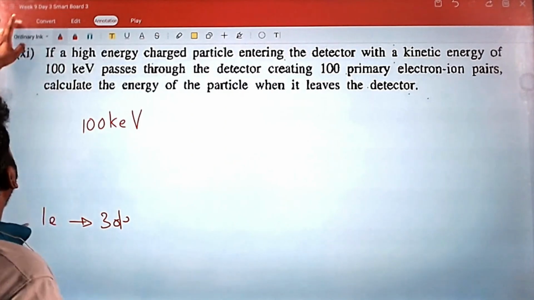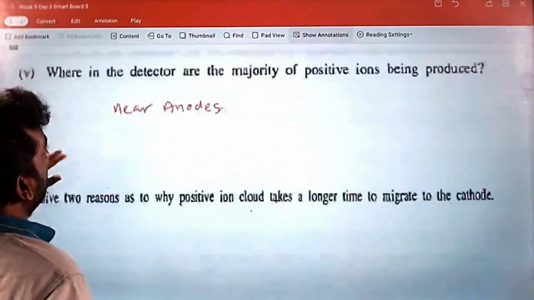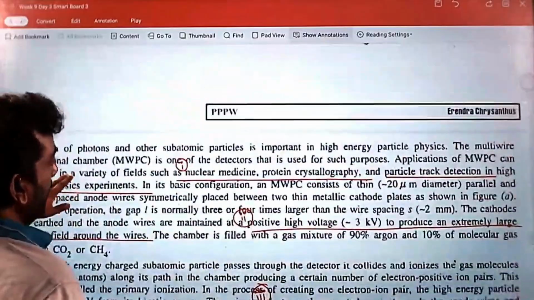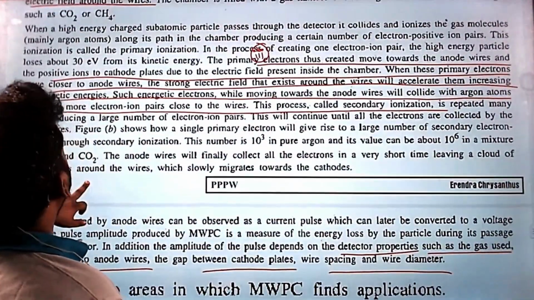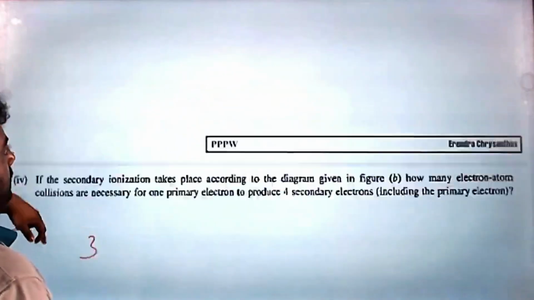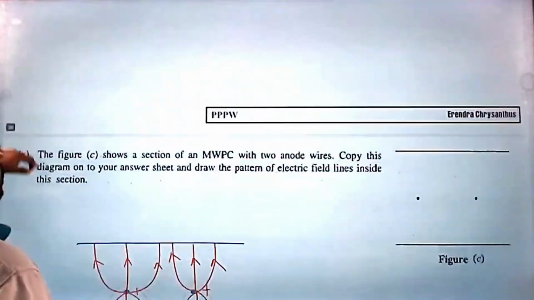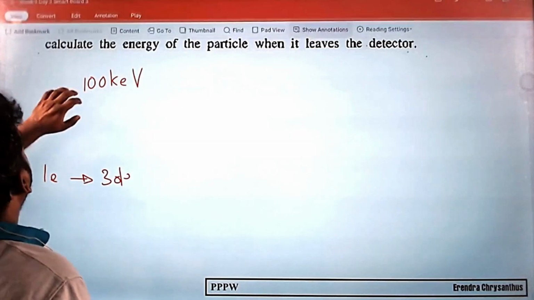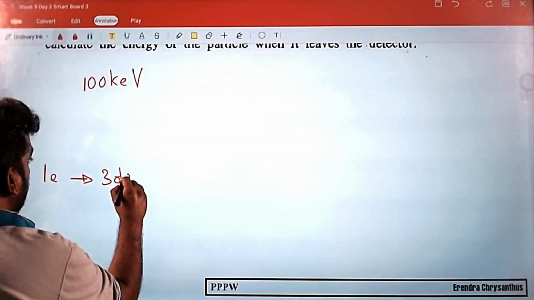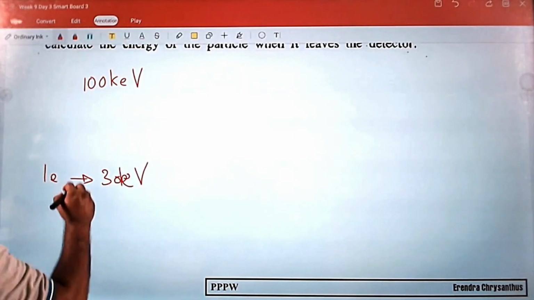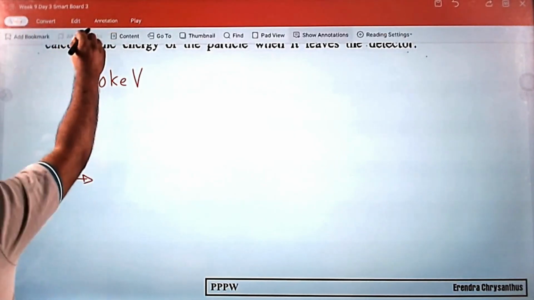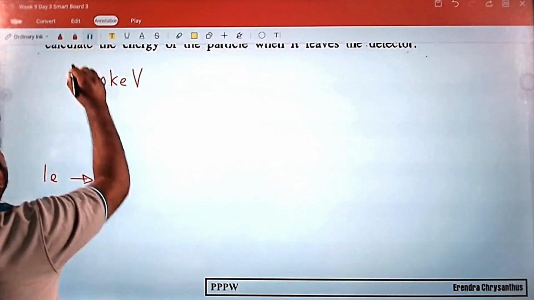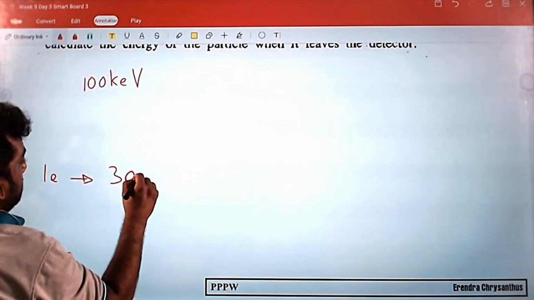It's a very simple calculation. 30 electron volts, please convert to kilo electron volts.